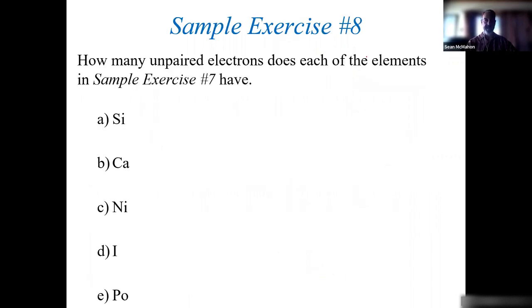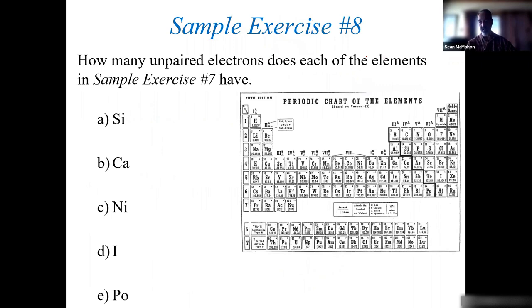So if we go back to what we did earlier in exercise 7, if you remember silicon, it's right here. So what is that? If we did the shorthand version, it was what? Neon.